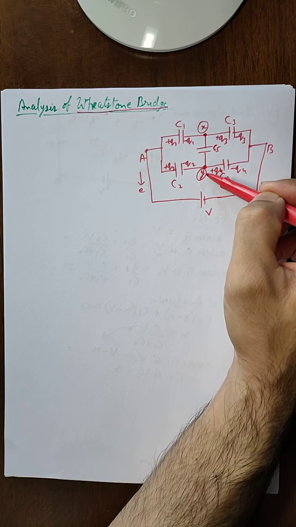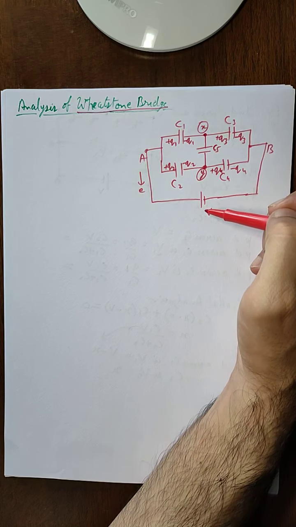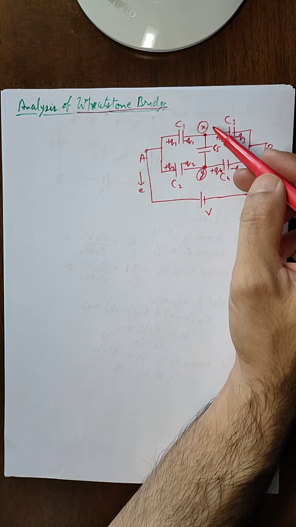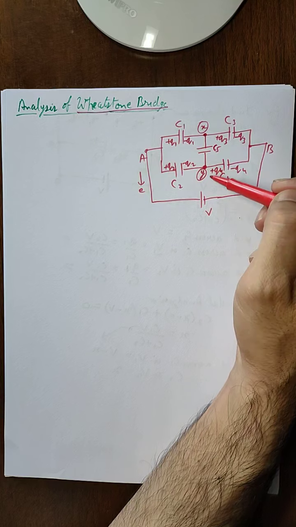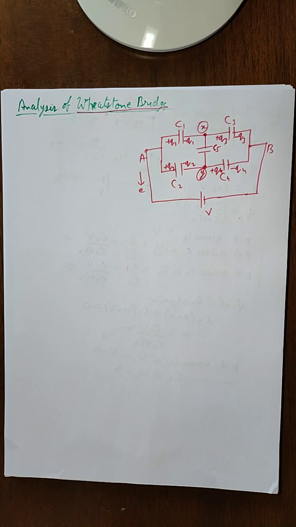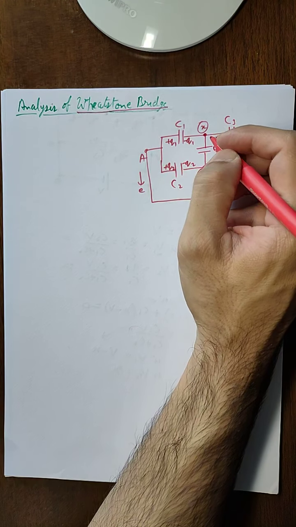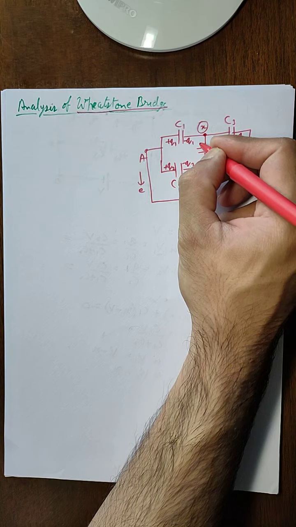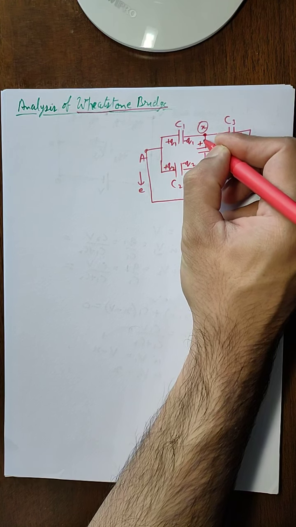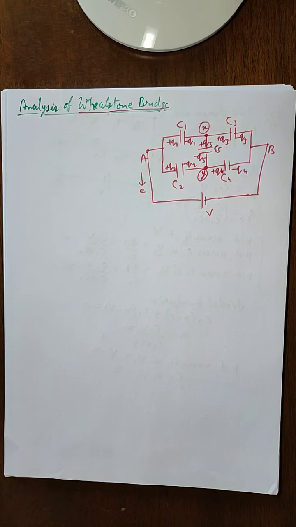And if Y is more than X, then the lower plate will have positive charge and the upper plate will have negative charge. So it depends on the value of X and Y what charge will be there on C5. So for now we can assume that the charge distribution of C5 is like this. The upper plate has plus Q5 and the lower plate has minus Q5.